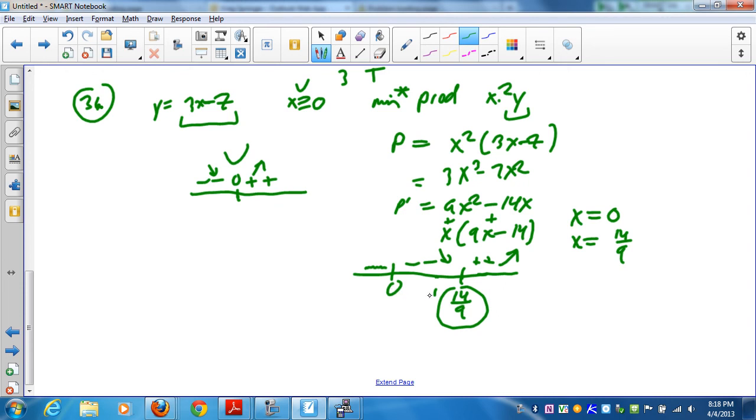So this is x, right? Let's go look at what is the product of x squared times y. So we just put that in our calculator, x squared using our 14 over 9.